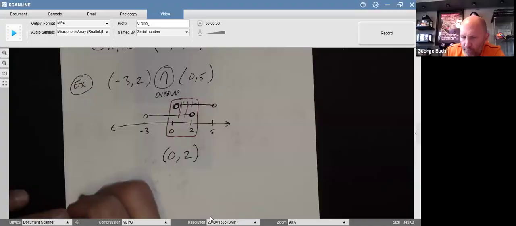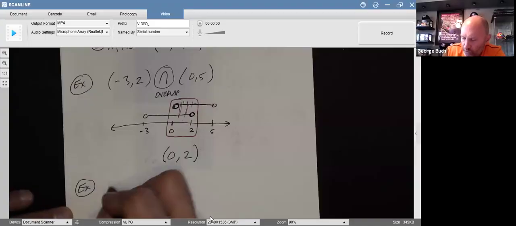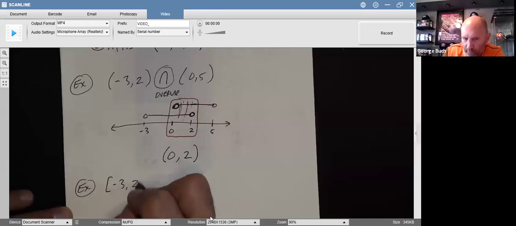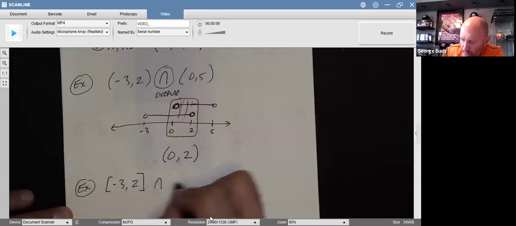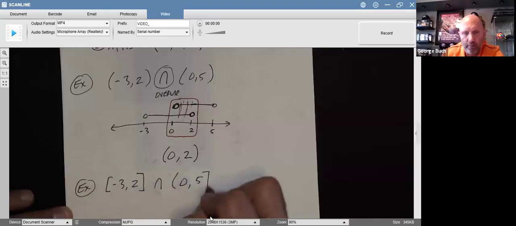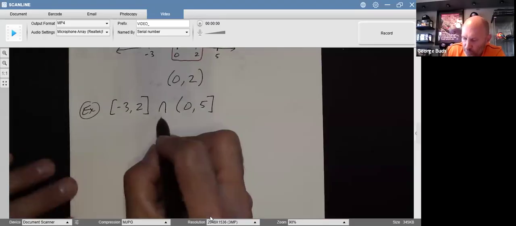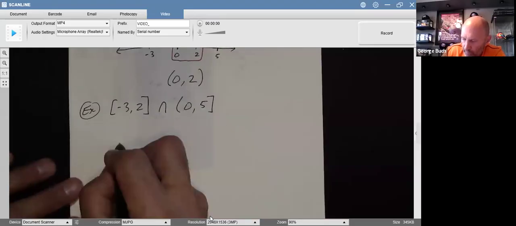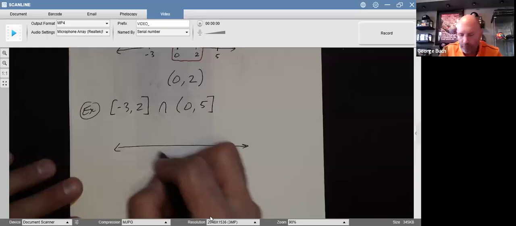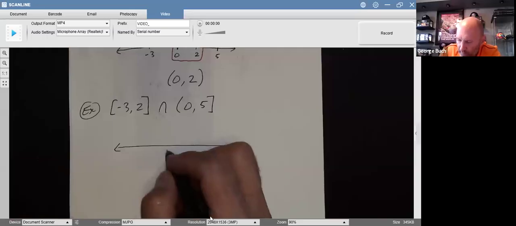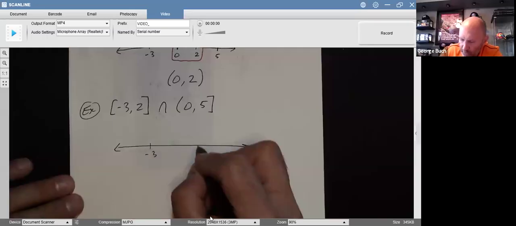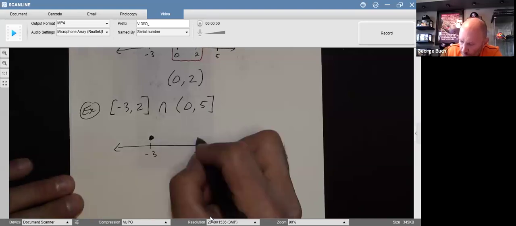Now let's change it up a little bit, -3 to 2. Now they both have brackets, intersect, 0 has a parenthesis, but 5 has a bracket. Again, intersection, overlap, draw the picture. So we have -3 to 2, but because it's bracket, they both now get a closed circle.